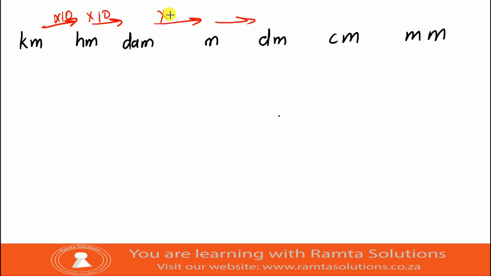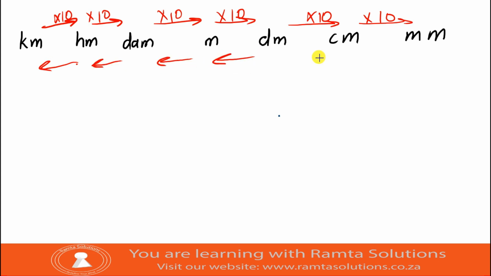We multiply by 10 throughout. Now, when we move to the left, we divide by 10.